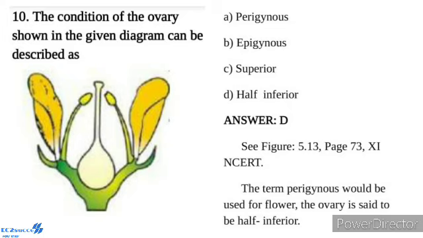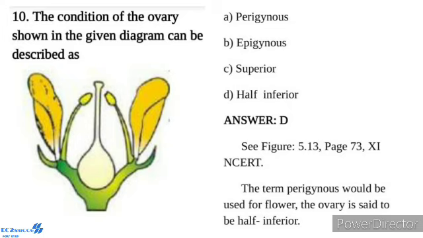Tenth question. The condition of the ovary shown in the given diagram can be described as. Shown in the diagram, position of floral parts on thalamus in perigynous condition. Based on the position of the calyx, corolla and androecium in respect of ovary on thalamus, the flowers are described as hypogynous, perigynous and epigynous.